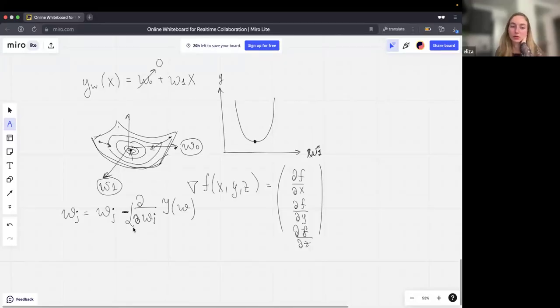Also we have some coefficient called the learning rate, and the learning rate shows the size of the step when moving along the function.